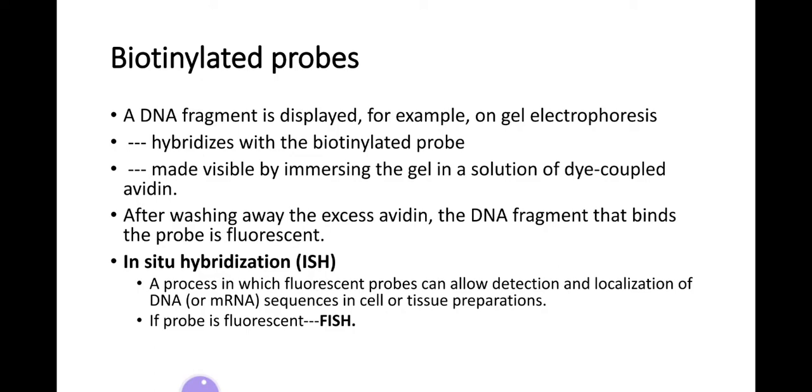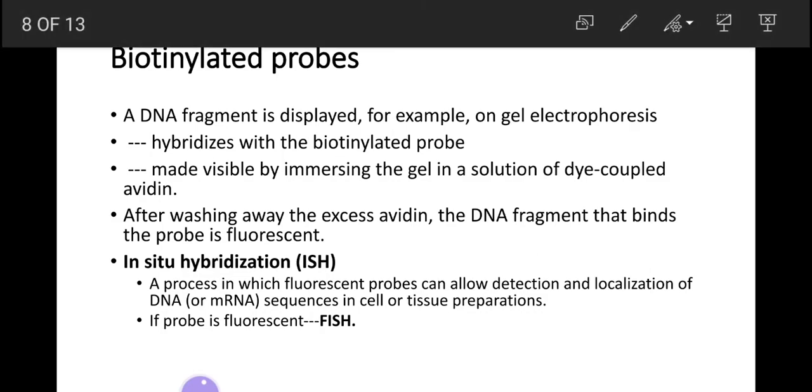How were they used? A DNA fragment is first displayed, for example, on gel electrophoresis, and hybridized with biotinylated probes. These are the probes which were attached with biotin. Biotin was chosen because it will bind with avidin, and this avidin is attached to a fluorescent dye, which can be visualized.